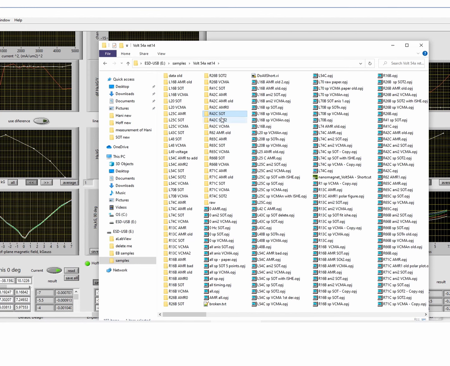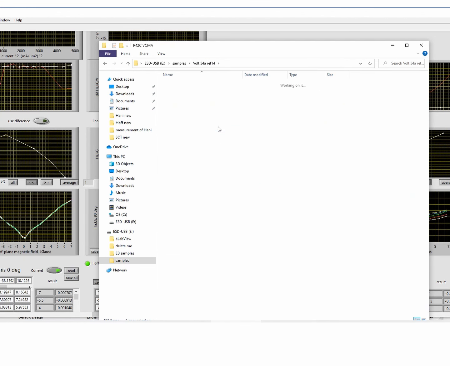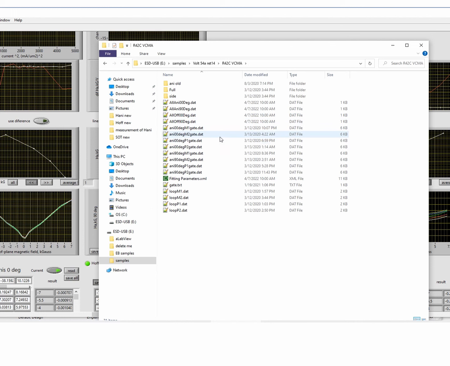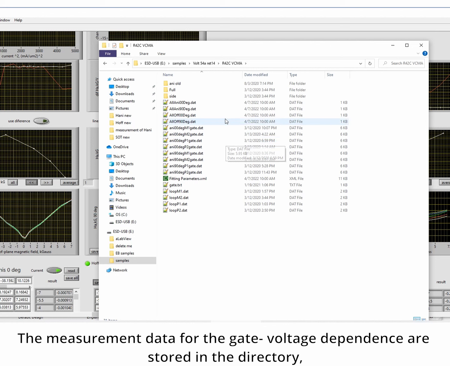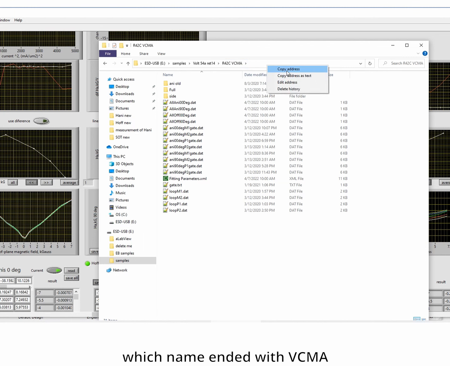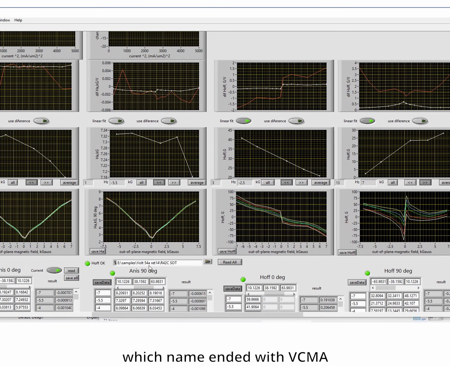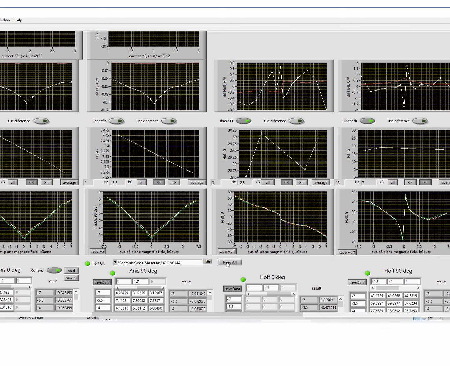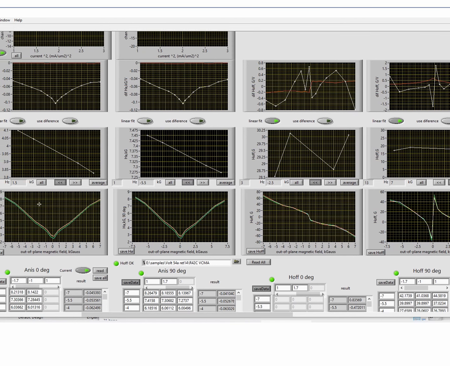So let's go for the same nanomagnet, but VCMA. This is the measurement data for gate voltage dependency, and we just store it in a directory whose name ended with VCMA. Let's copy paste this directory. So now lines of different color correspond to measurements at different gate voltage.